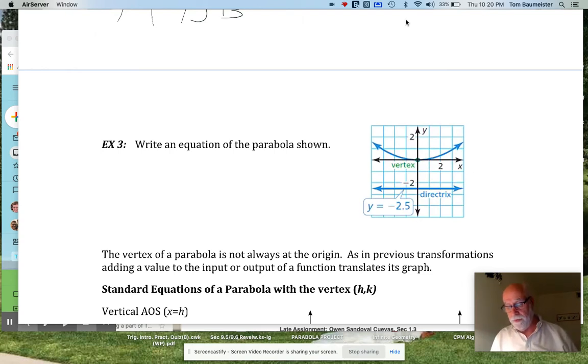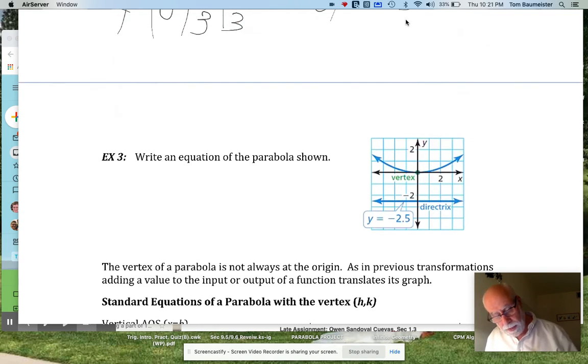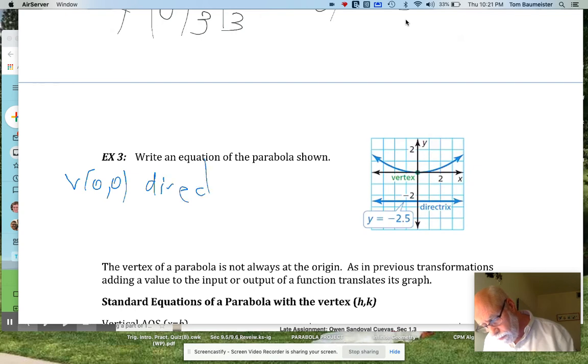So on example 3, it says write an equation of the parabola shown. So on this one here, our vertex is at 0, 0 still. So let's write down stuff that we know. Our vertex is at 0, 0. Let's see, our directrix, which they gave us, is y is equal to -p.